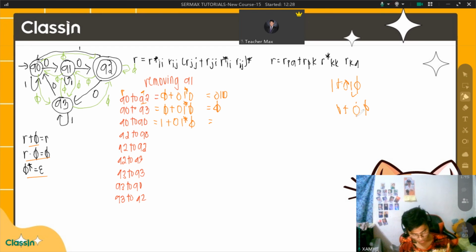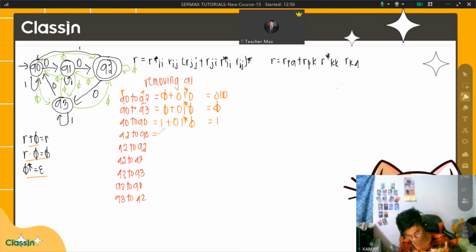Now, multiplied again. 0 plus null result. So 0 plus null, it will become 0. Oh, no. 1. This is 1. This is 1. Okay? Forgot. 1. So 1 plus null will become 1. So therefore, the resulting state here will be 1. Okay? Hopefully that is really simple.